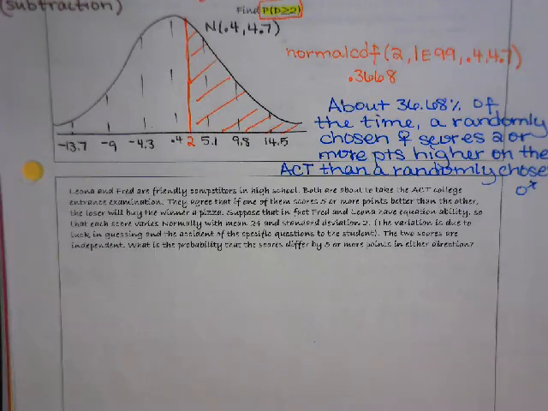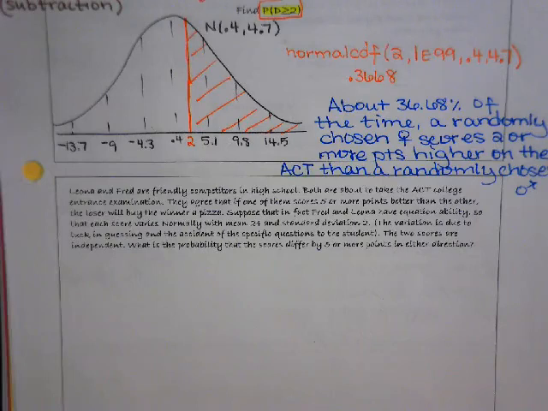Suppose that, in fact, Fred and Leona have, that should say equal ability, so that each score varies normally with a mean of 24 and a standard deviation of 2. The variation is due to luck and guessing and the accident of the specific questions to the students. The two scores are independent.